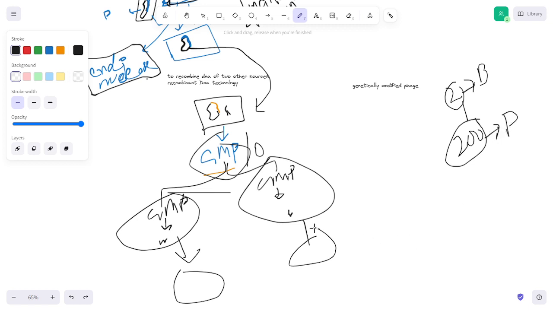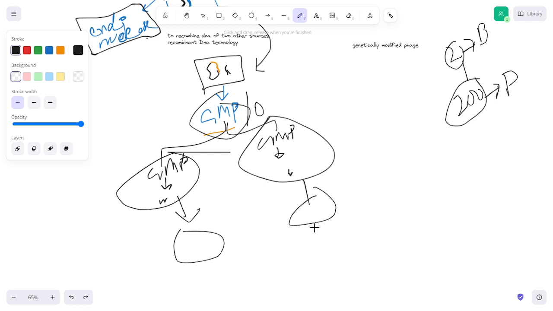Okay, now this replication, जब ये replication होगी then the DNA will be isolated.